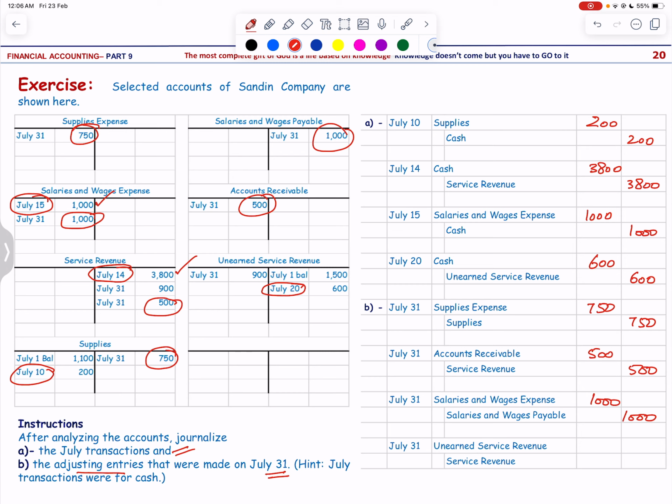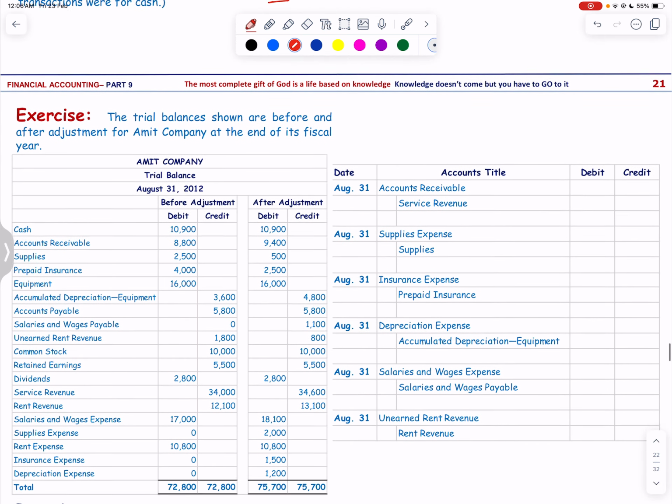Then we have unearned service revenue, and unearned service revenue is debit by 900. That means we have earned a service revenue of 900. So this completes this exercise, and we move on to the next exercise, and that is another interesting exercise over here.